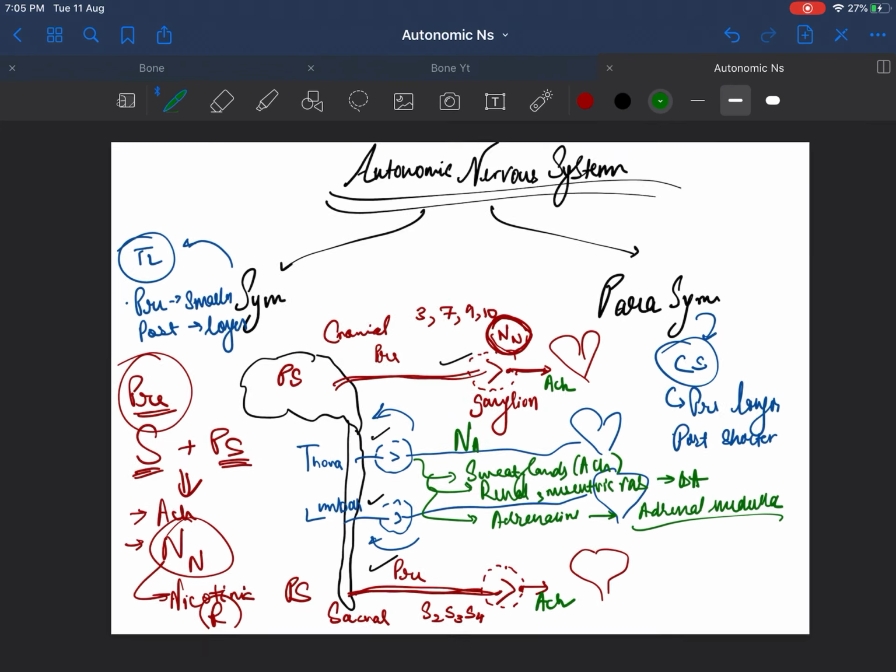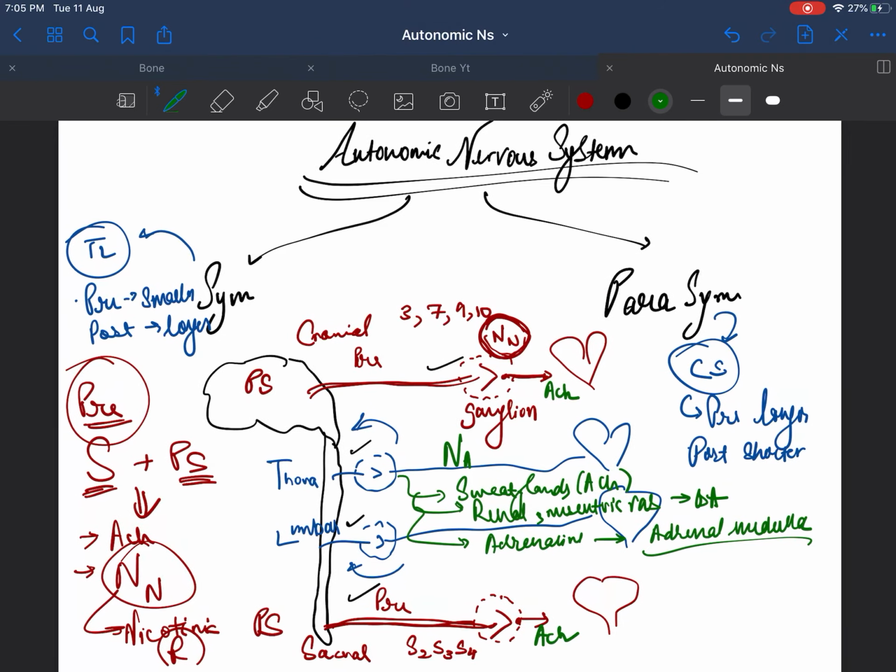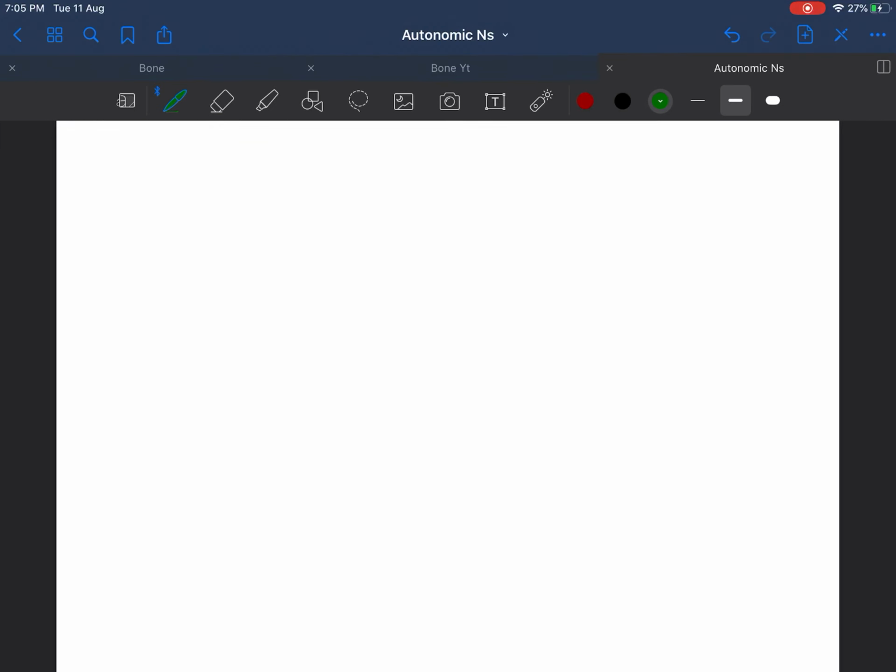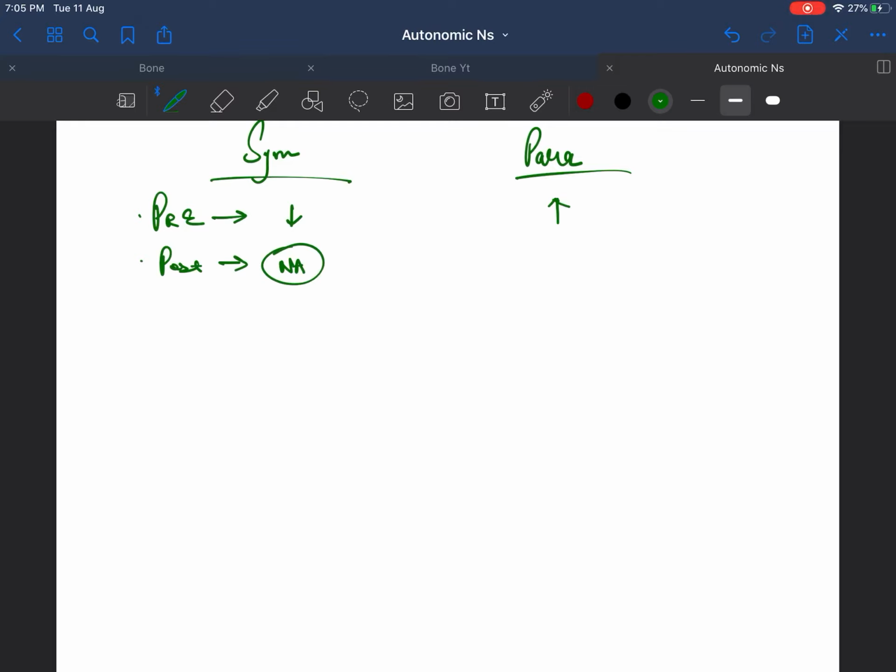So what is the basic thing that we have to memorize? In comparison to the sympathetic and the parasympathetic, here the preganglionic fibers are shorter, here they are longer, and the postganglionic fibers here mostly secrete noradrenaline with some exceptions, and here they secrete acetylcholine with some exceptions.